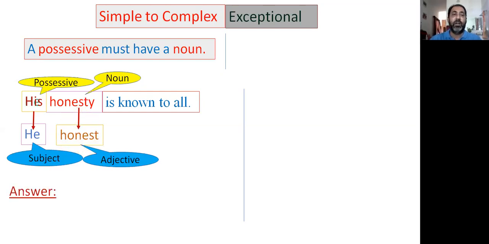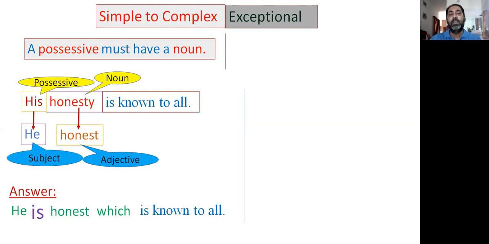Here you can see the subject is he, the adjective is honest, and then put a to be verb before the adjective: he is honest. Then the relative pronoun which: is known to all. His honesty is known to all. This is simple but now complex: He is honest, which is known to all.